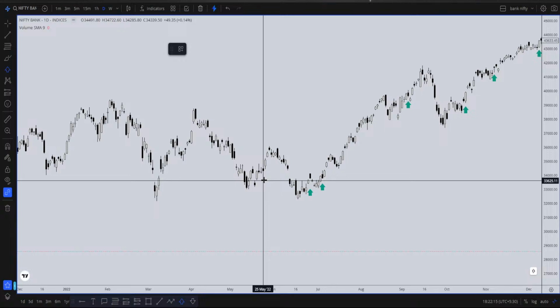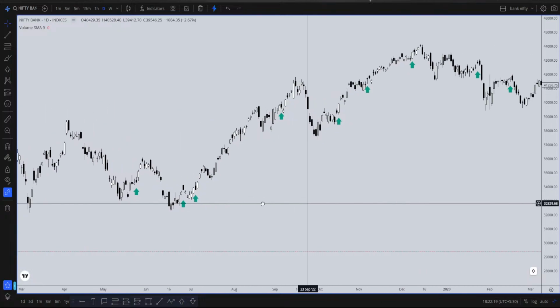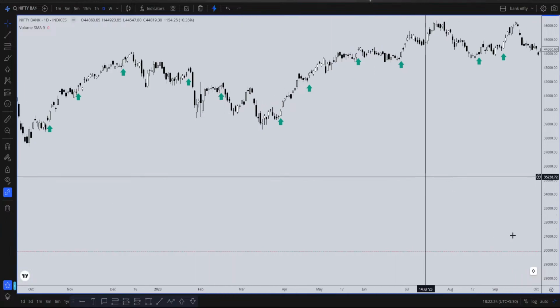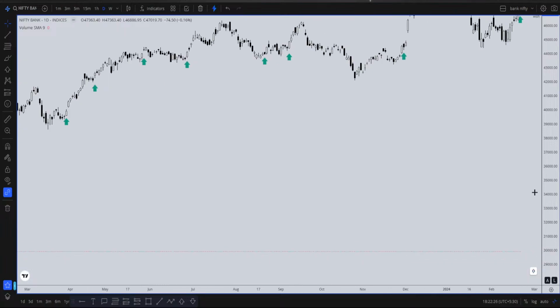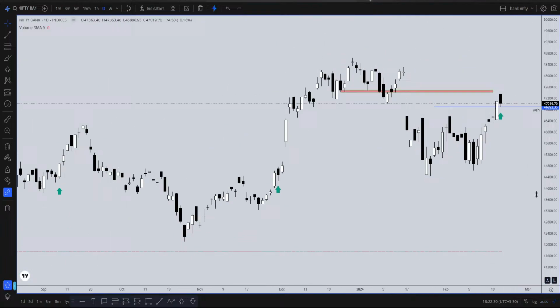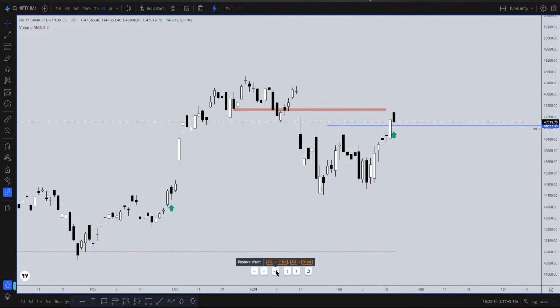Okay, from May to this day. So these are all the places where we can see the price is behaving a bit, where there is a junction of the sideways market environment and the uptrending market environment.